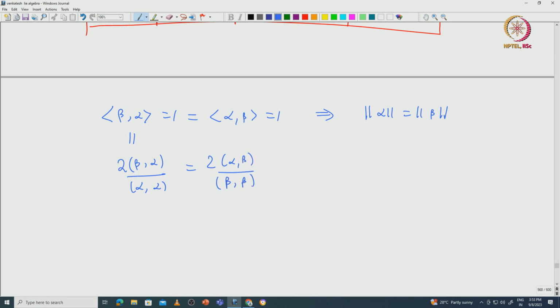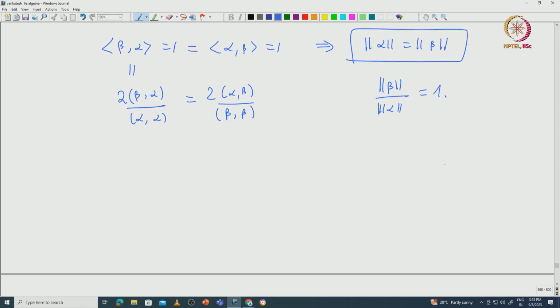Now if you cancel things, you can see that the inner product alpha alpha must be equal to the inner product beta beta. That means the ratio between the norms must be 1. So, that is what we get.